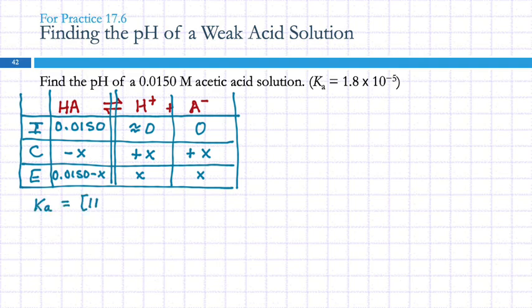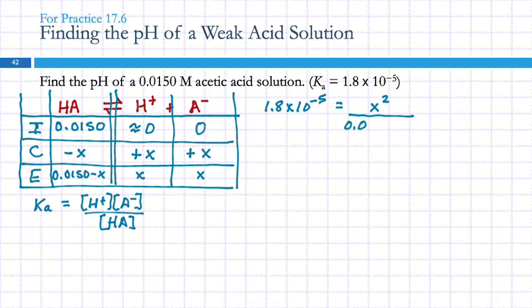So Ka is H plus times A minus over HA. Then we're given what Ka is. In an exam problem, you'll be given the Ka. Homework problems, they might not tell you what it is because you have access to the textbook, and so you're supposed to go look it up. So I've got these guys down here, X times X, I'll call that X squared.